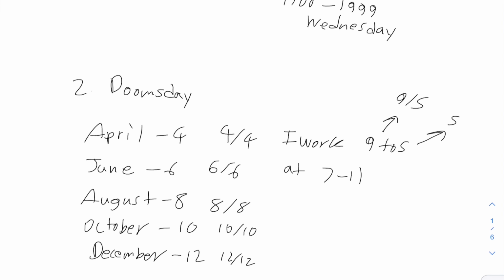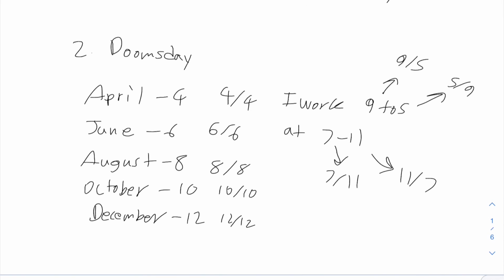You also get the date 5/9. So, depending on your country, this can either mean September 5th or May 9th, either of these. So those are two dates you have to remember. And then for 7-Eleven, similarly, we can have 7/11 and 11/7. Again, July 11th and November 7th.